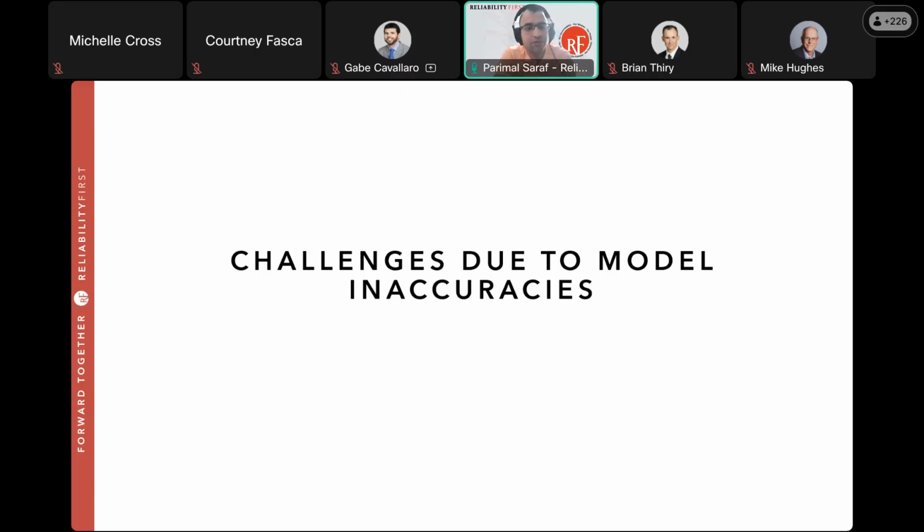And the third type is the challenge associated with inherent physical characteristics, which means these IBRs are inherently different in terms of physical characteristics as compared to a conventional machine. So there are challenges associated with that. These are the three categories I'm going to talk about today. This is the first category, which is the challenges due to model inaccuracies. Next slide, please.